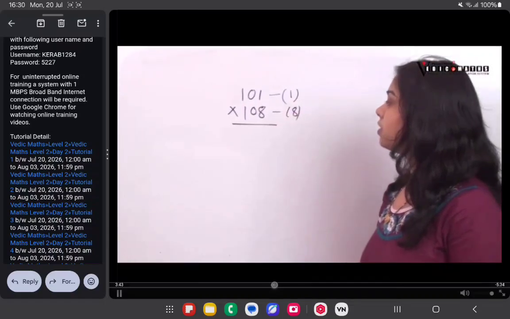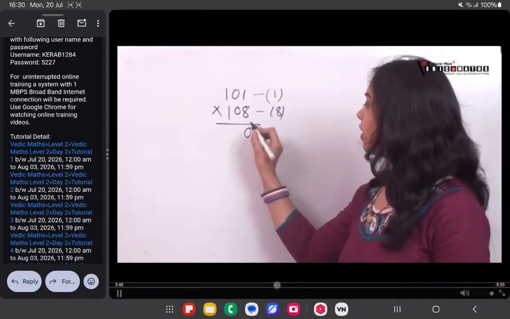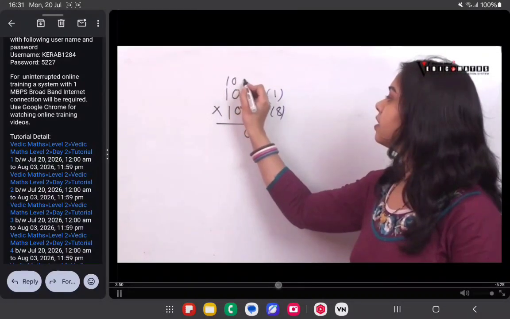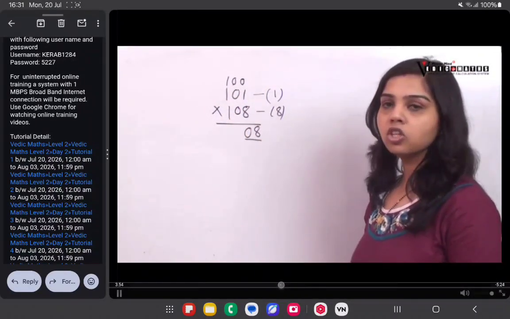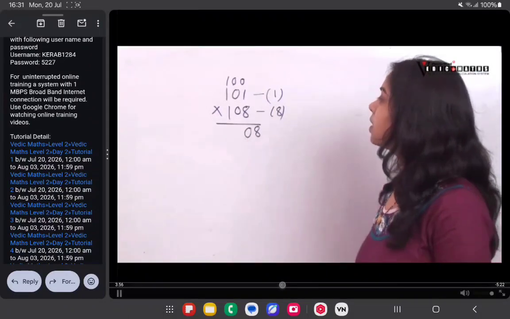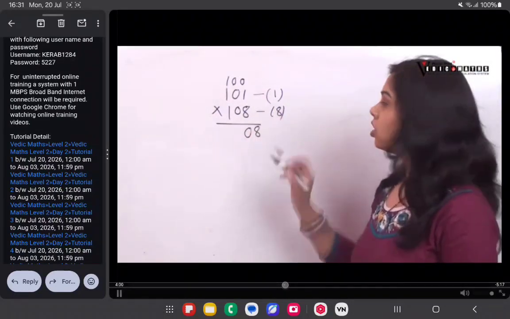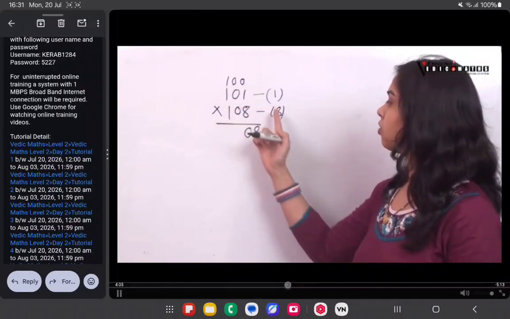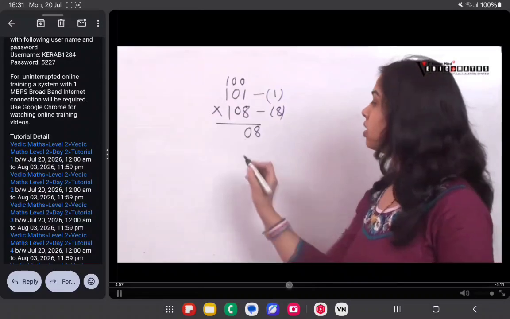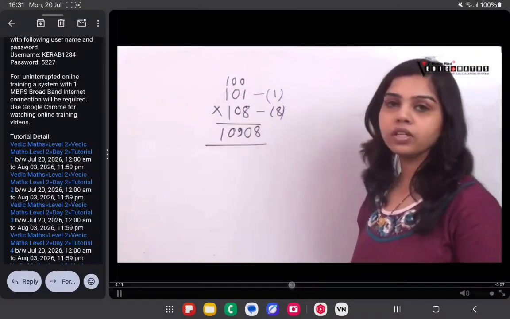So 8 into 1 is 8, but we will write 08 because in 100 there are 2 zeros, so the last part should be a 2-digit number. Then add the excess to the other number. So 1 plus 108 is 109. We can check from here, 101 plus 8 is 109. So our answer is 10908.